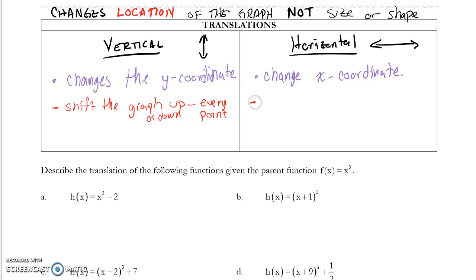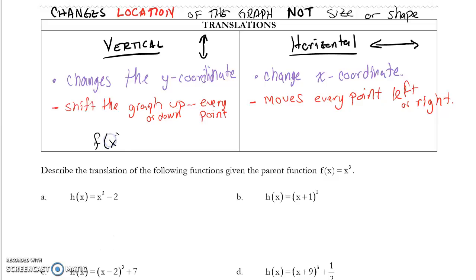And then similarly, the horizontal shift moves every point, or shifts every point, left or right. When we talk about this with function notation, it's going to look something like this.